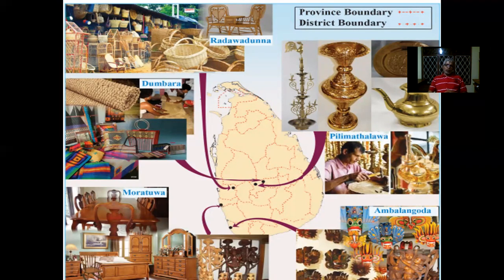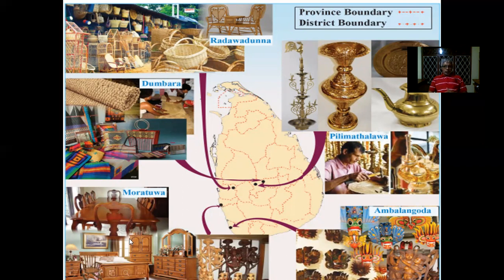If you go to that area, a lot of people engage in these productions. Then, Dumbara is famous for mat weaving, and you find different types of reeds and fibers are used for this production of mats.